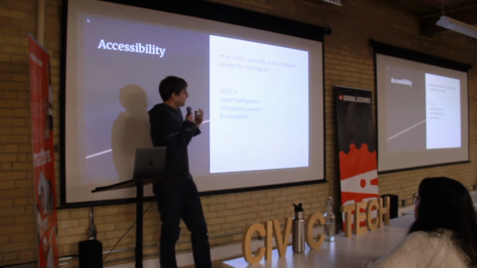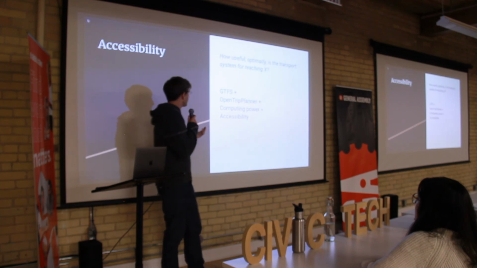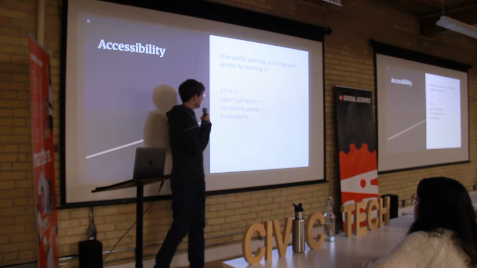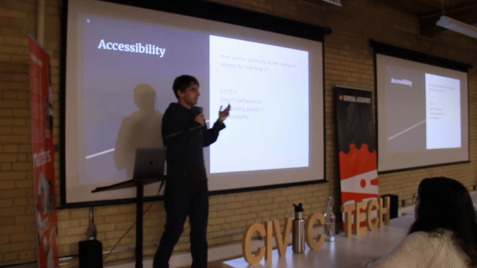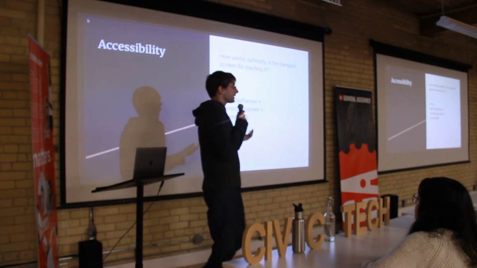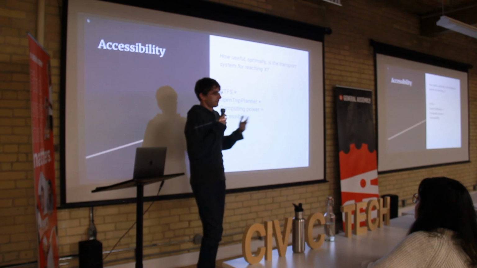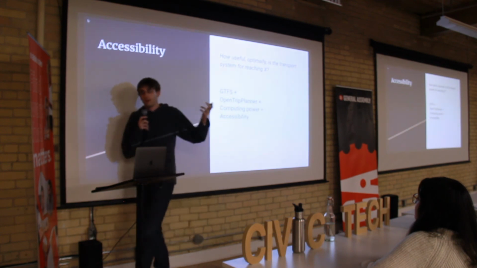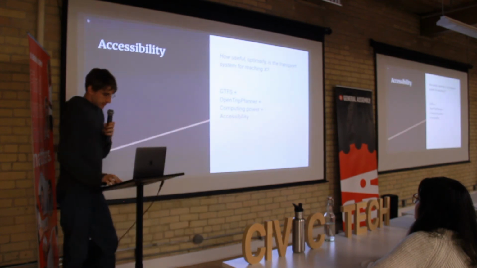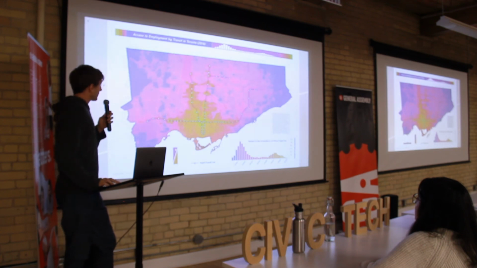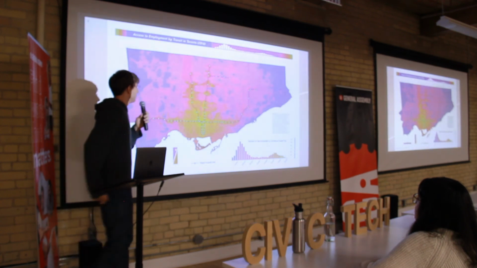And you can use an open trip planning application like Open Trip Planner, aptly named, plus GTFS, plus a lot of computing power, and you can essentially calculate or estimate travel times via transit from everywhere to everywhere in your city or metro, and produce some really interesting maps like this, which was produced by a friend of mine.